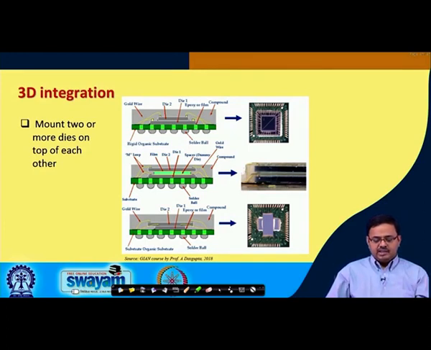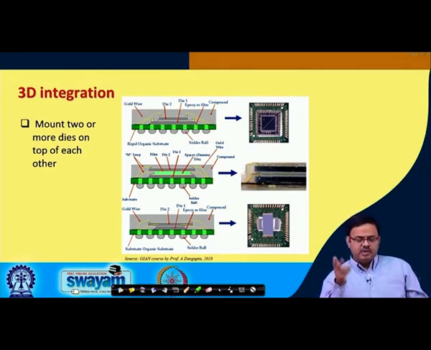And the third one is where it is like an inverted pyramid. It is a smaller die at the bottom and the larger die at the top. And they are all in a molded compound as is shown, and you see some pictures also.